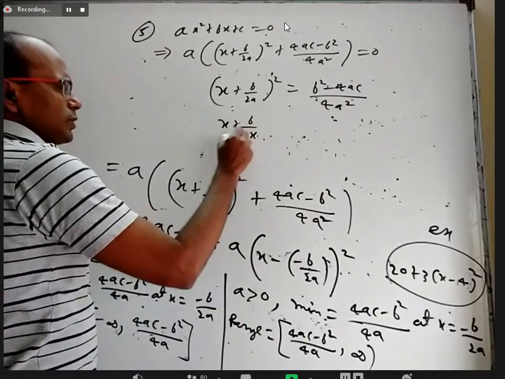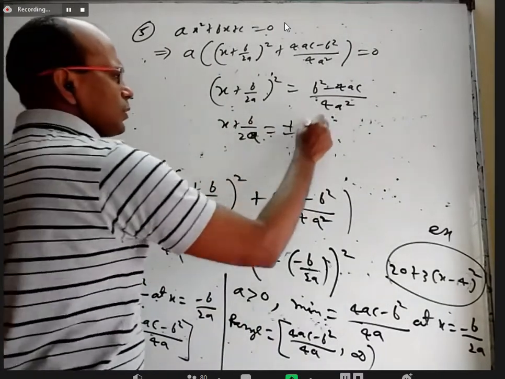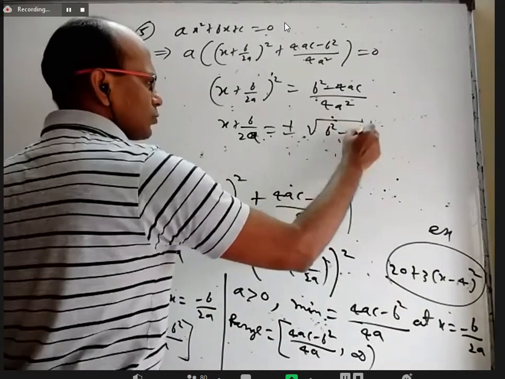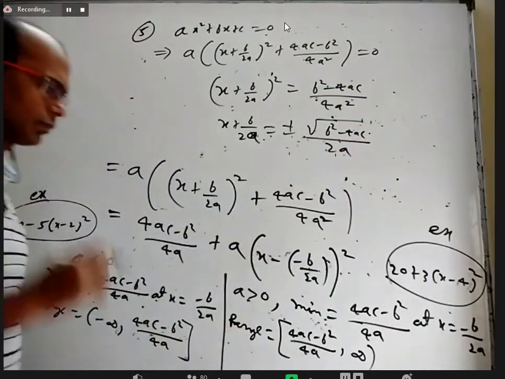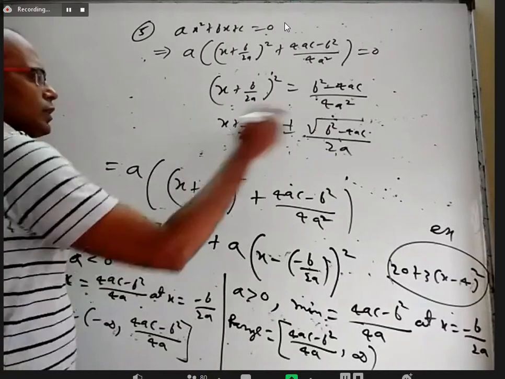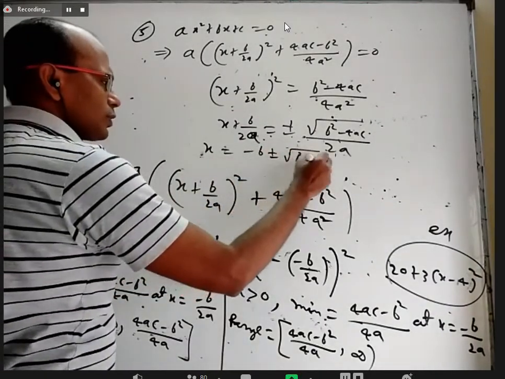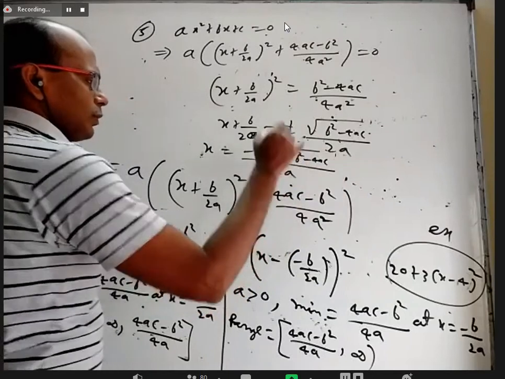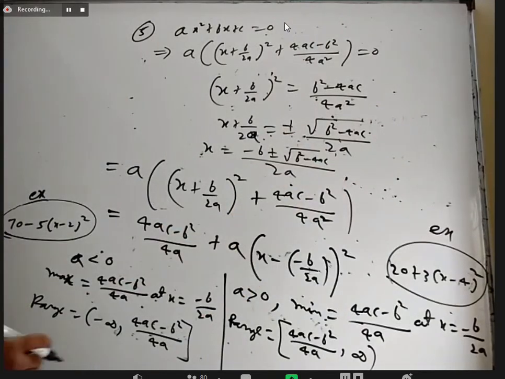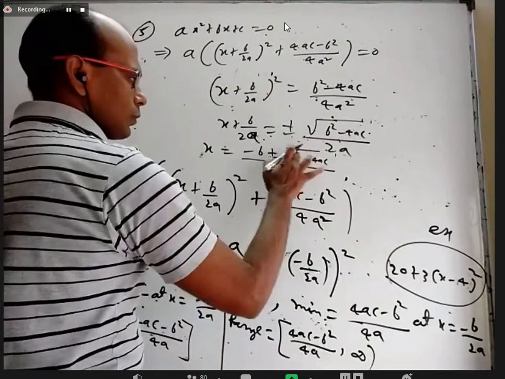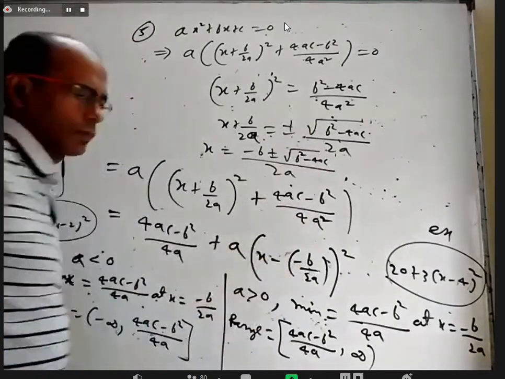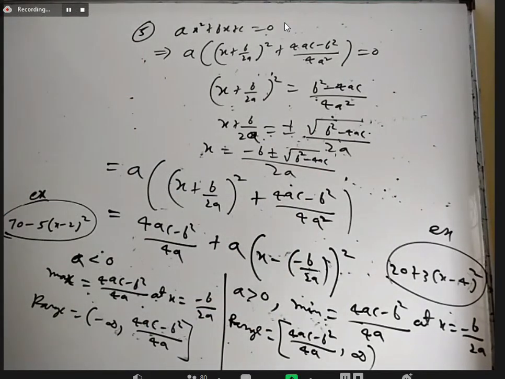From that, we get x plus b by 2a is equal to plus or minus root of (b square minus 4ac) by 2a. And this one that side, that's how you got minus b plus or minus root of b square minus 4ac, by 2a.